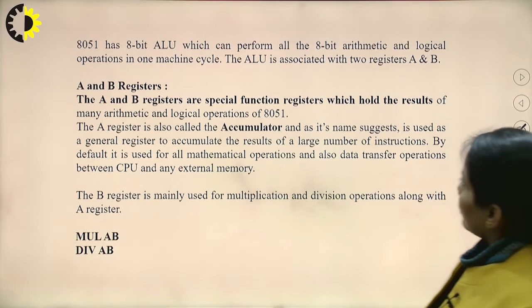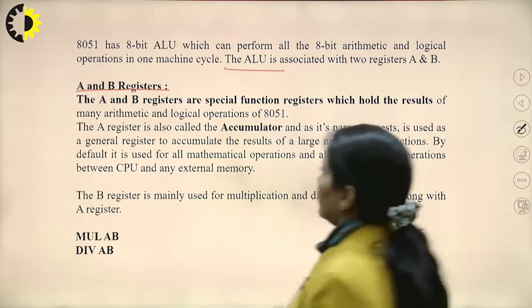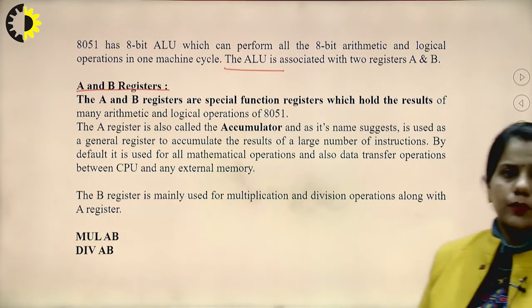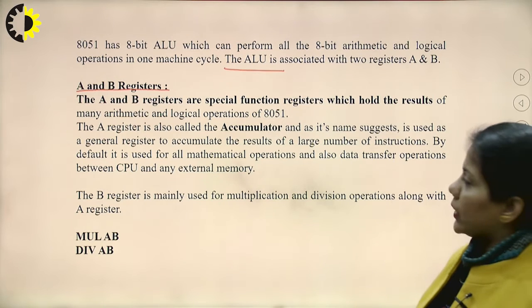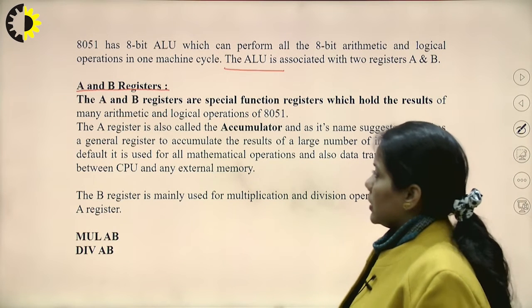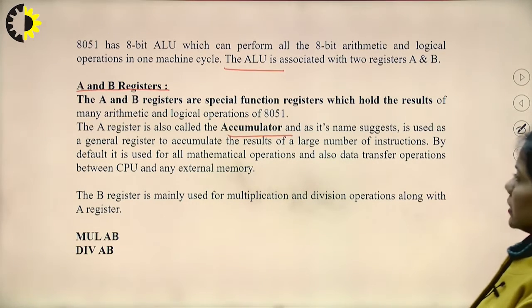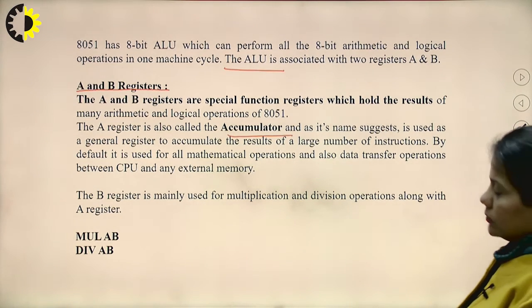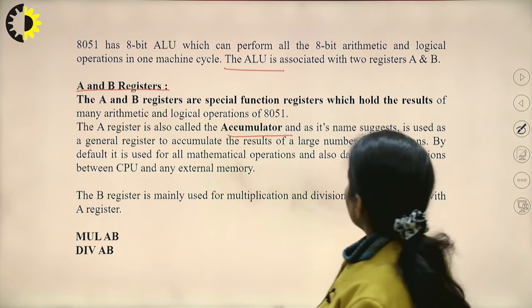So when we talk about the A and B registers, ALU is associated with these two registers. A and B registers are special function registers which hold the results of all the arithmetic and logical operations. The A register is also called the accumulator, as its name suggests, and it's used as a general purpose register to accumulate the results of a large number of instructions.